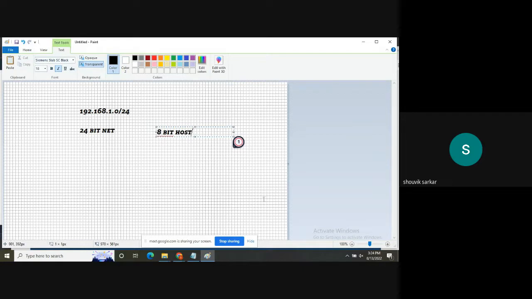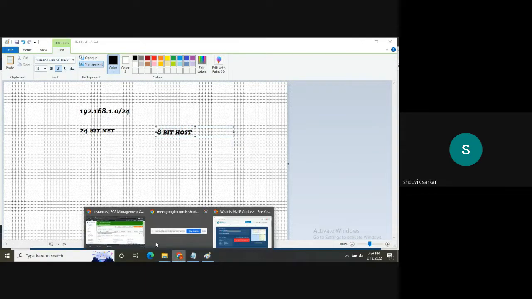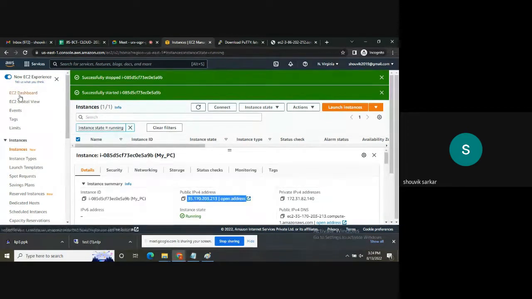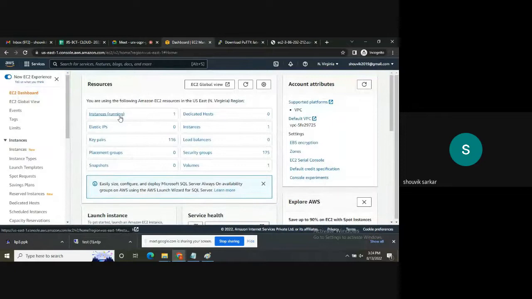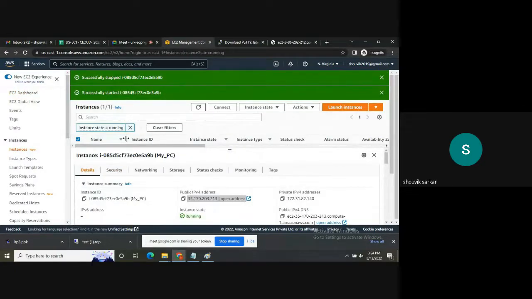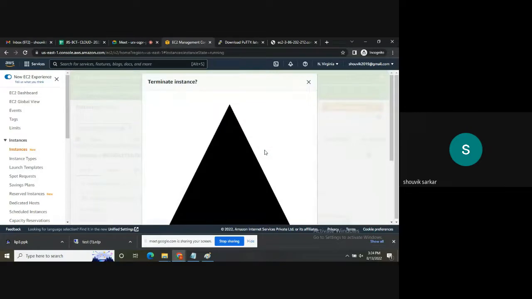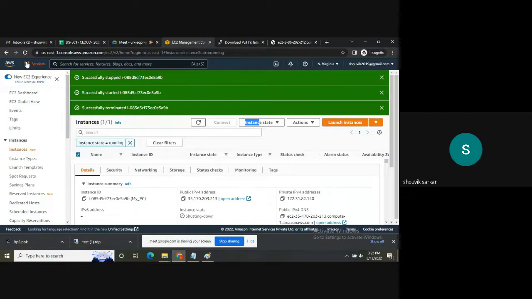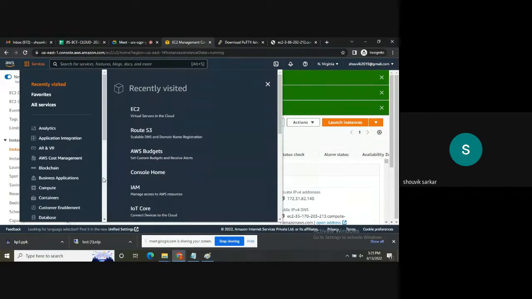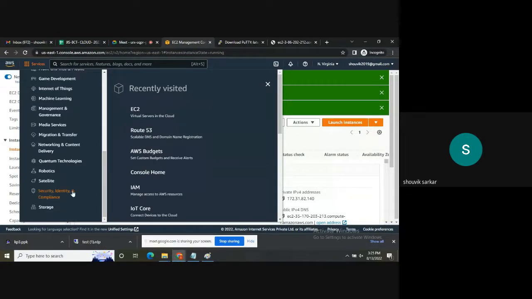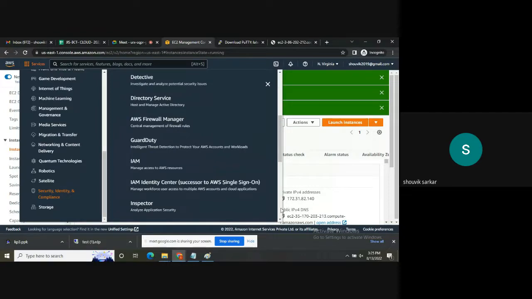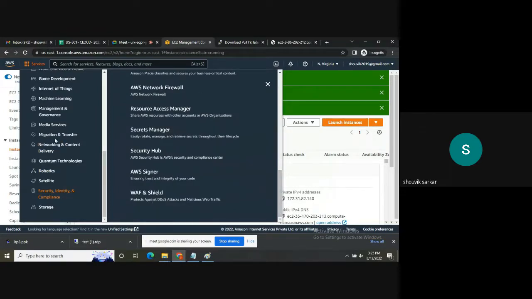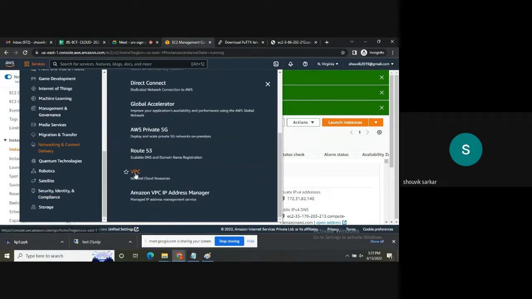So how do we allocate computers in AWS? These are clear things. First I need to terminate this, otherwise it acquires charges. AWS has a network related service called VPC.